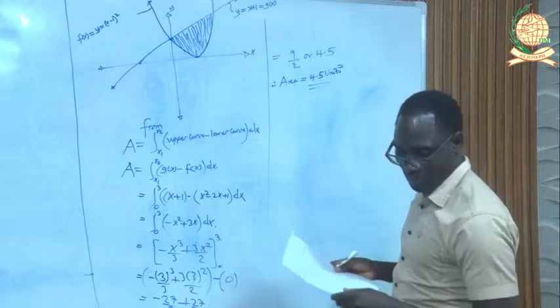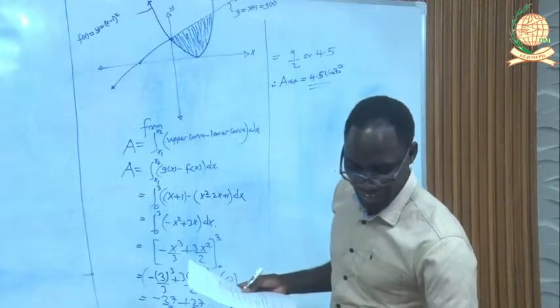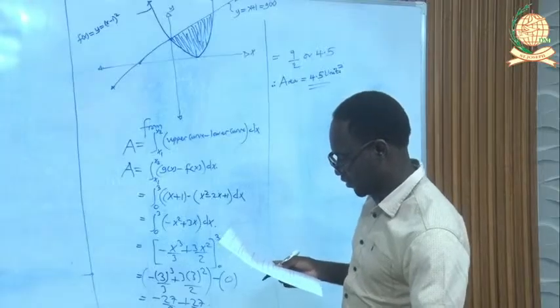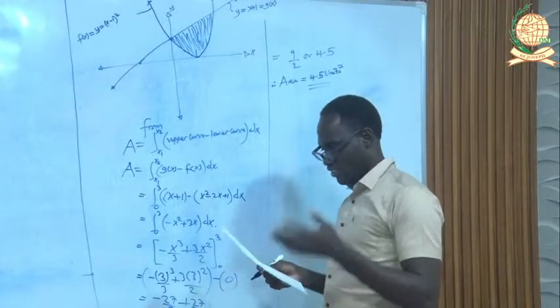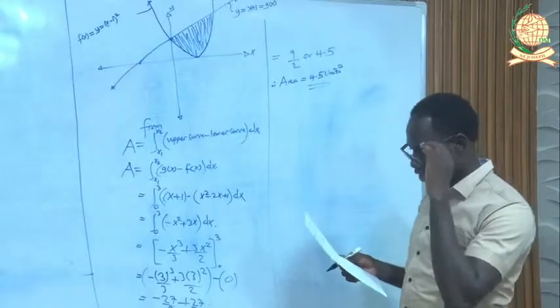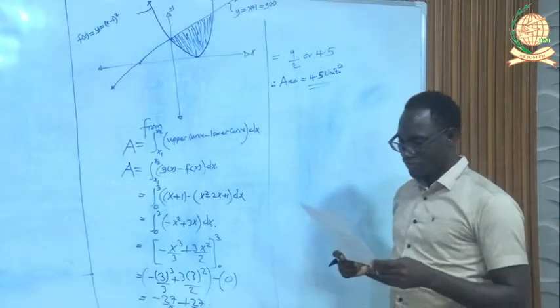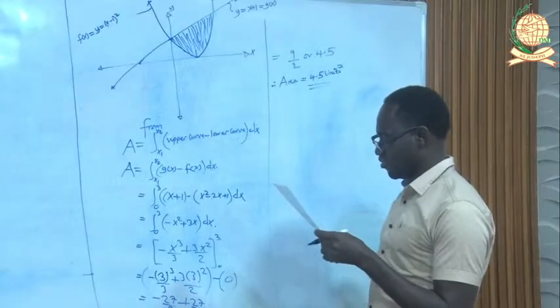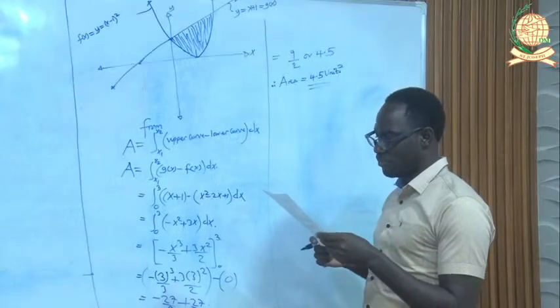Let's do now question number 6. Yeah, it is from the statistics topic. The following table shows the distribution of marks on a final examination in basic applied mathematics.